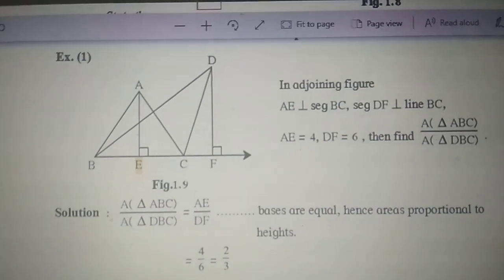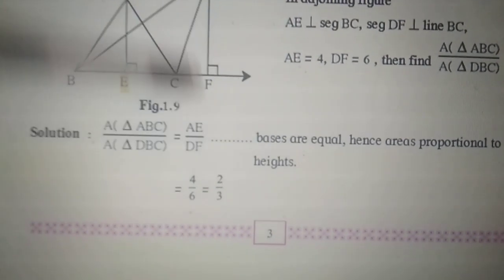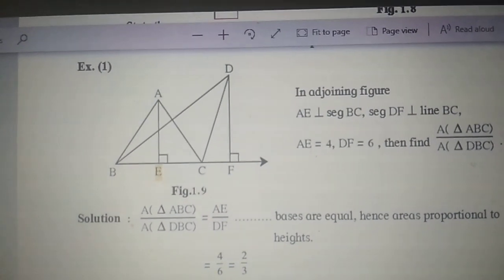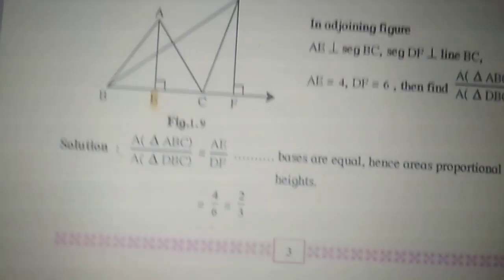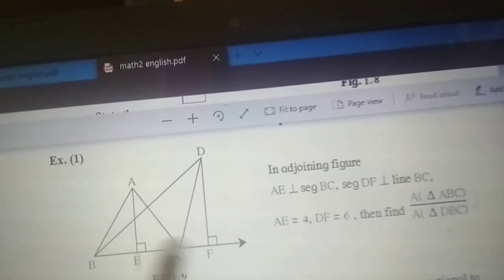And the height of the second triangle DBC, the perpendicular DF, is given as 6. Then what is common here? In ABC there is BC, in DBC there is BC, so base BC is common.